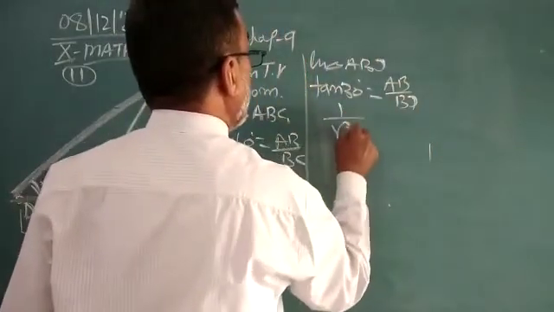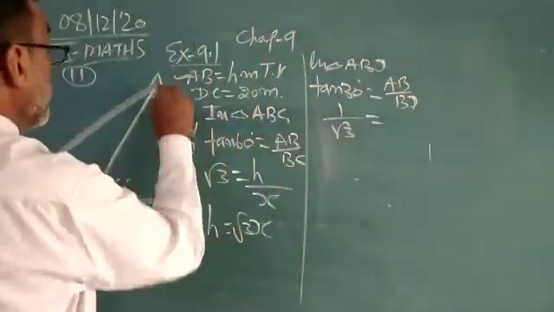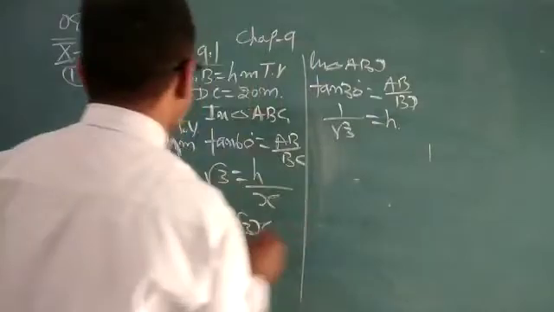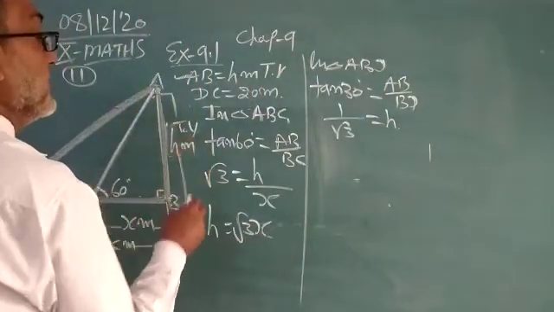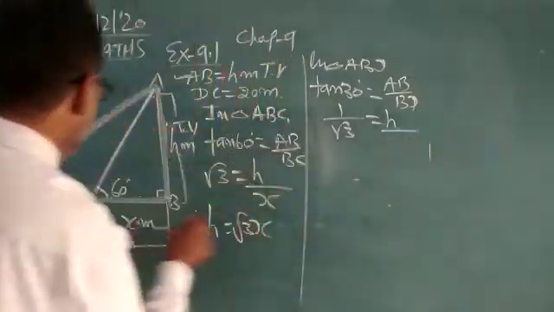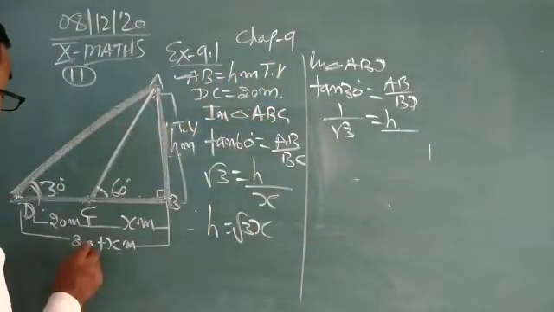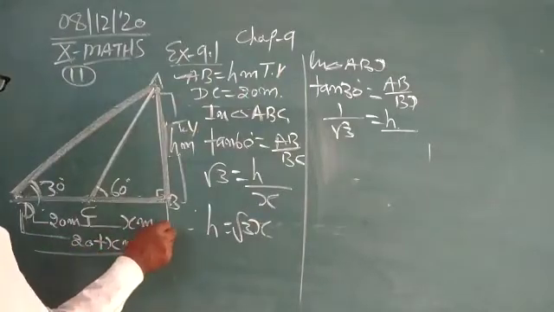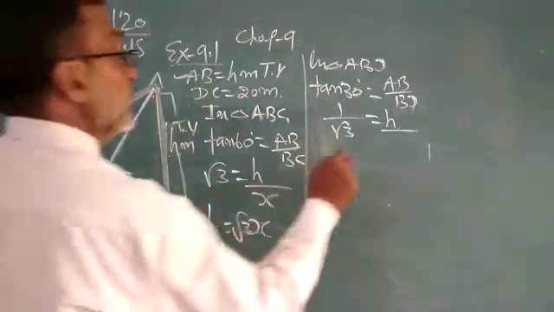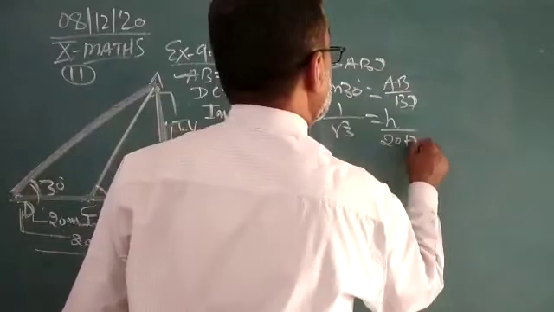Tan 30 means 1 upon root 3. What is the value of AB? Already it is H meters, the TV tower, and BD means this total distance. BD means 20 plus X, up to here X and 20. So you write 20 plus X.